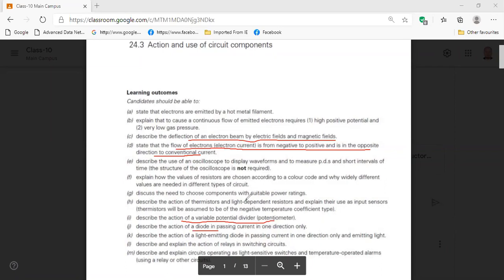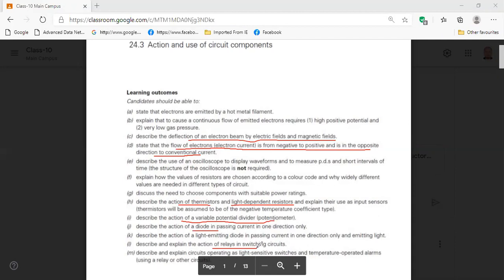Look here, thermistors, then light dependent resistor. These are also done. Do you remember them? We did these topics when we were making circuits. Then we have relays. What is a relay?